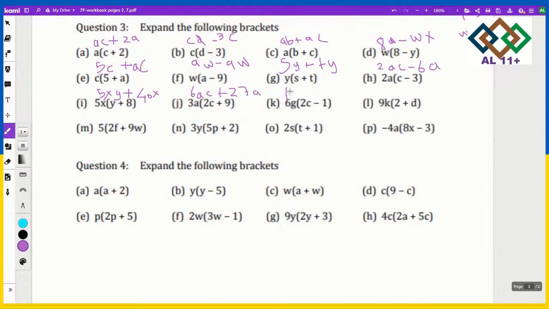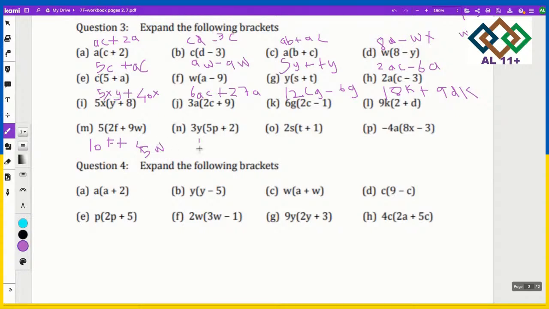Then K would be 12CG minus 6G. Then you have L, that is 18K plus 9DK. Then you have the M1, that is 10F (25W).